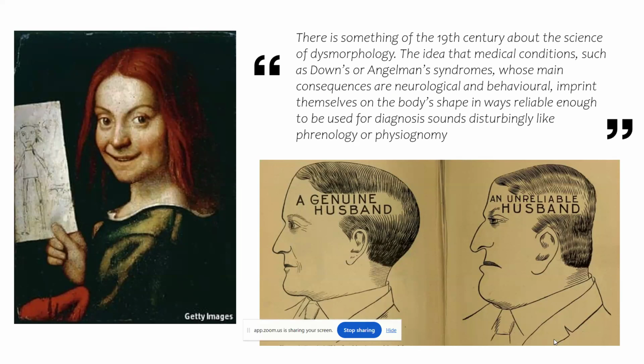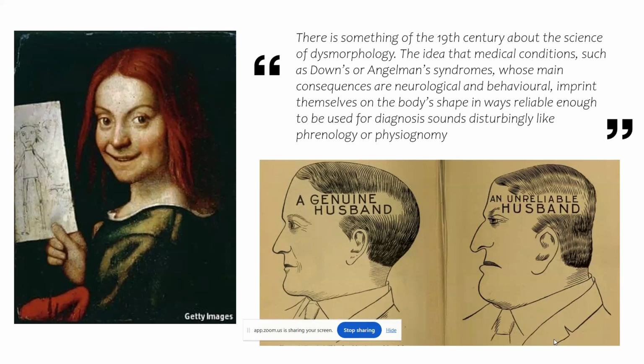If you see on the right, this person actually was labeled an unreliable husband when compared to the left one, a genuine husband. So this concept of identifying physical traits and matching them to the personality is called physiognomy, and especially the cranial features is called phrenology. And this was obviously discredited and rejected.